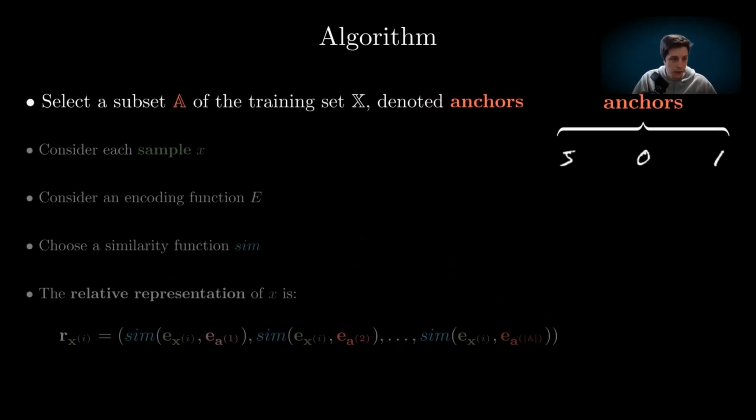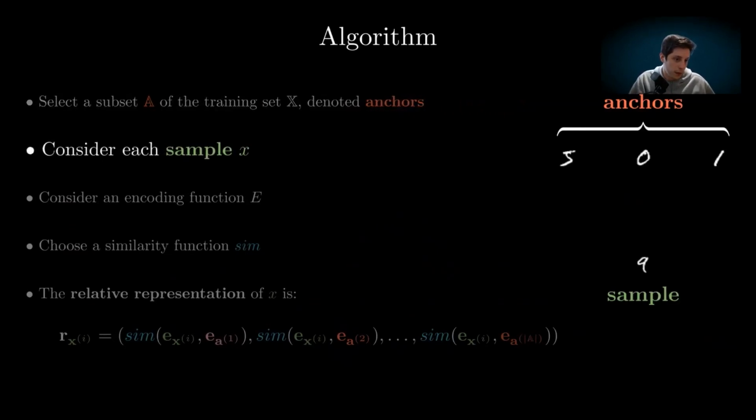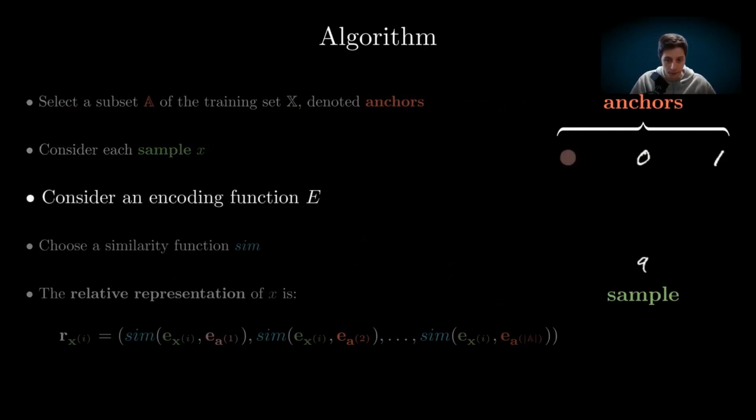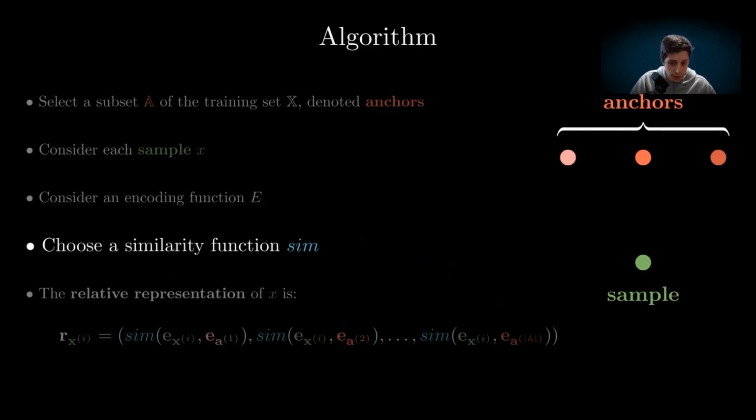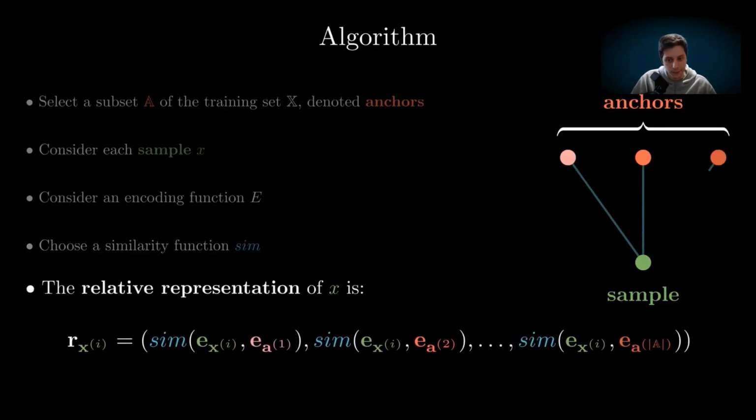That is very simple, and you already saw them in action because it's basically all there is for their computation. So we start by selecting a subset A of the training set X, denoted by anchors. So in this example, we are selecting some images. Then for each other sample x, again images, another image, for example, we consider an encoding function E. Now the images are embedded into the latent space, so they become vectors.